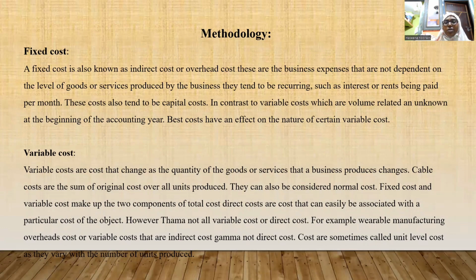Direct cost is cost that can be easily associated with a particular cost object. However, not all variable costs are direct costs. For example, variable manufacturing overhead costs are variable costs that are indirect costs. Direct costs are sometimes called unit level costs, as they vary with the number of units produced.